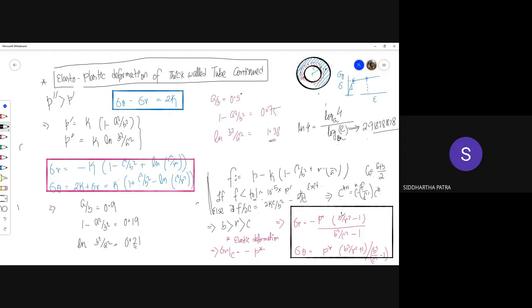The point being, you see how close these two values are?